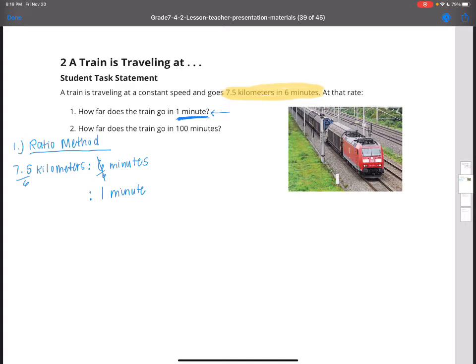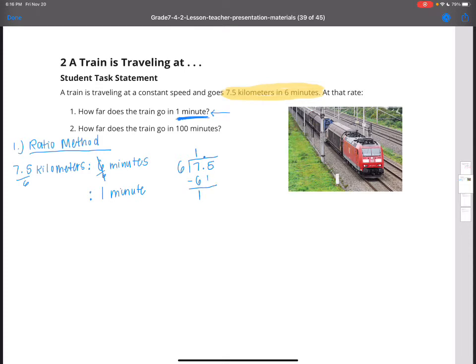Now I have some math work to do on the side. I'm going to put 6 outside the house, 7 and 5/10 inside the house. What you could do is line that decimal up on top, and ask yourself, how many times can 6 go into 7? 6 could go into 7 one time without going over. 7 minus 6 is 1.